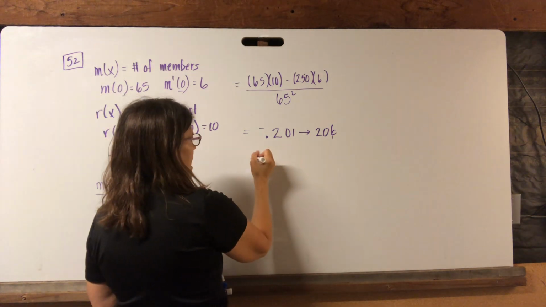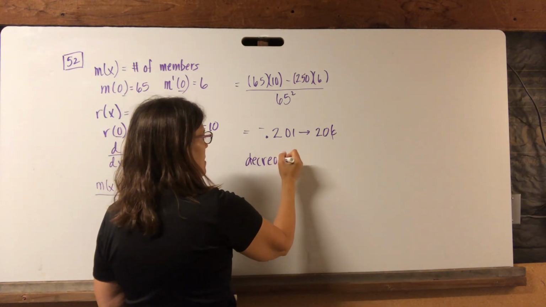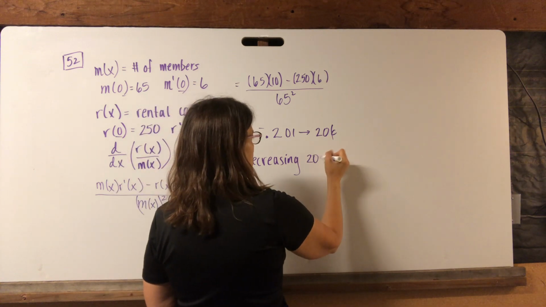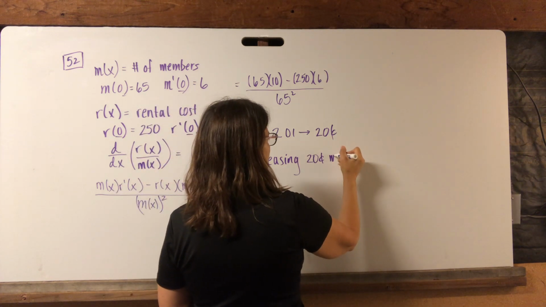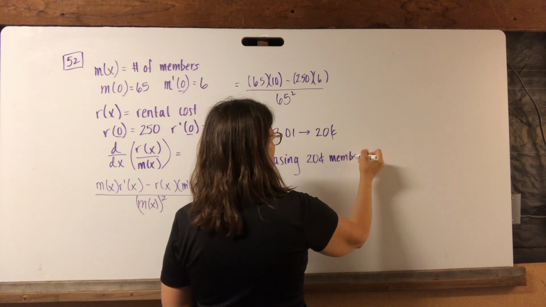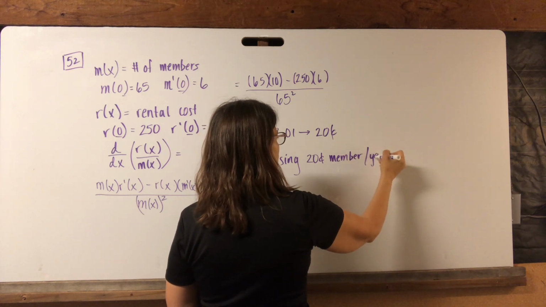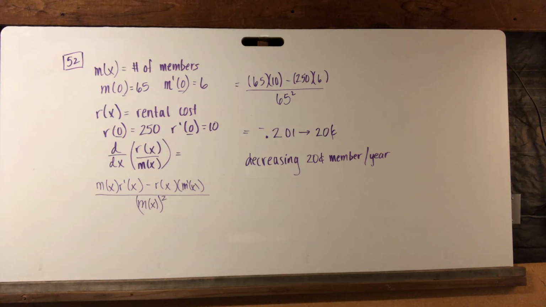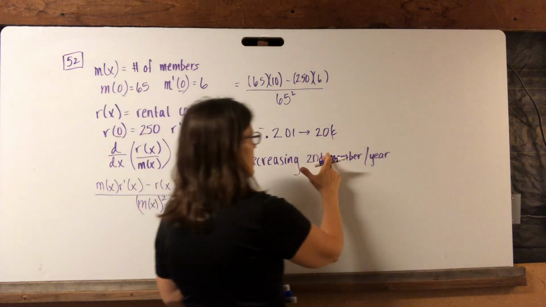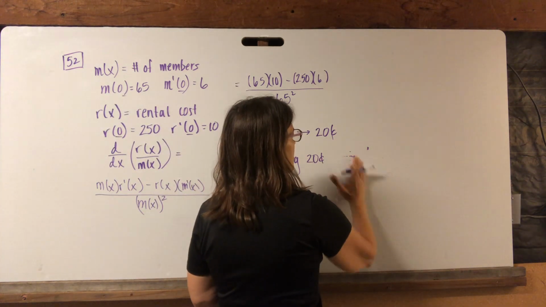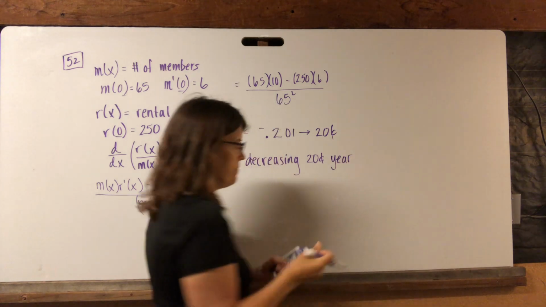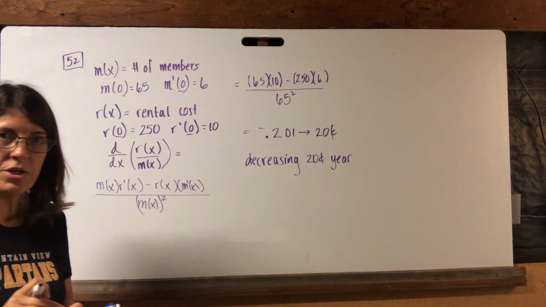So this means that the cost of the membership is decreasing 20 cents per member per year. Okay. Well, this is not true. It's decreasing 20 cents per year, sorry. It's decreasing 20 cents per year.